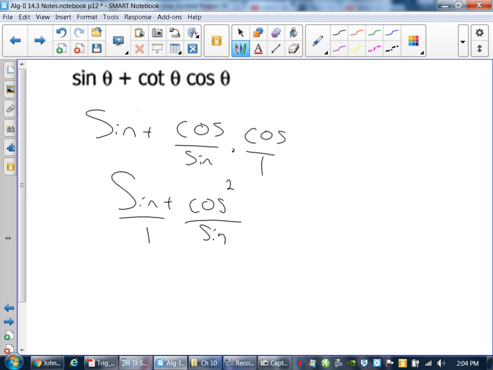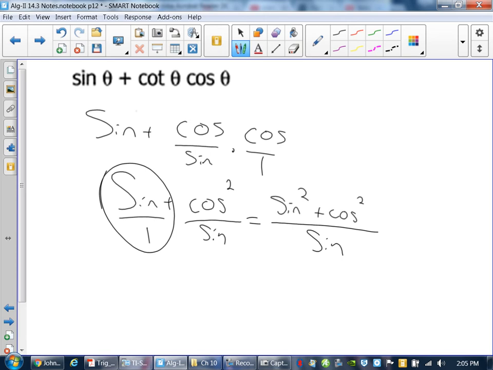To get a common denominator then, what is going to be your common denominator between a 1 and a sine? Sine. Because all I have to do really is multiply the two together. So if I have a common denominator of sine, the fraction on the left needs to be multiplied by what? Sine. What's sine times sine? The fraction on the right didn't need anything.